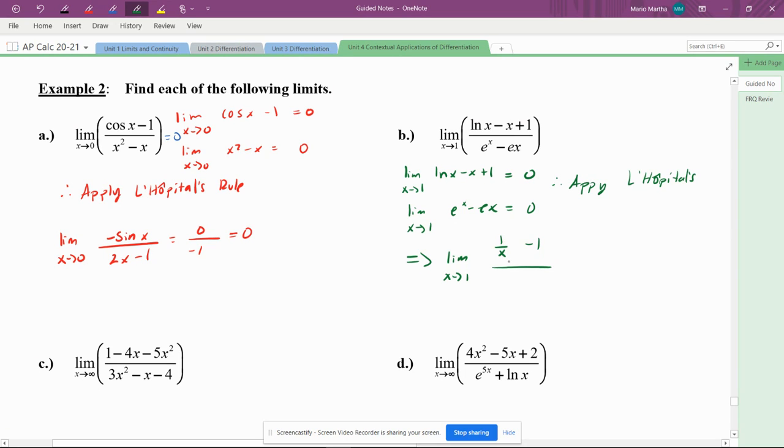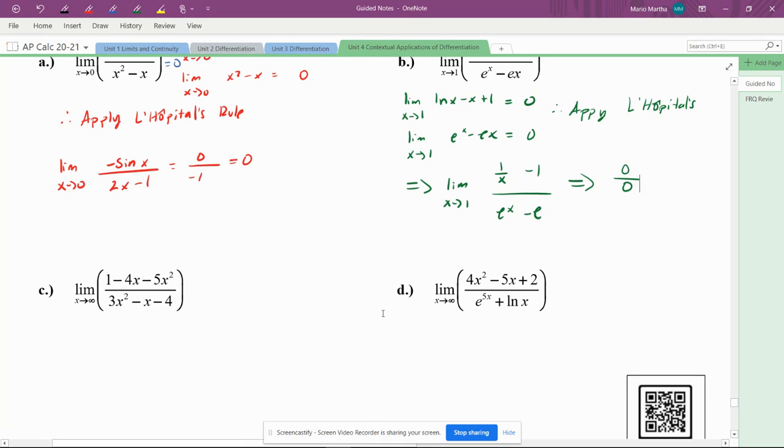Derivative of negative x is just negative 1 in this case. Derivative at the bottom, we're going to have e to the x minus e. That's it. All right, so here again, if you do plug in 1, you end up with 1 minus 1, right? So you end up with 0 over 0. Again, see, I'm using an arrow, not an equal sign for that. Same thing at the bottom. So we're going to apply L'Hopital's rule one more time.